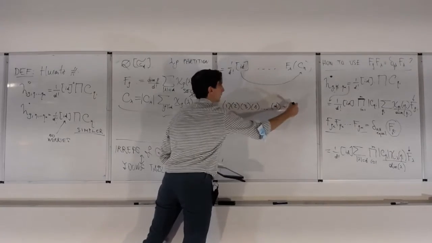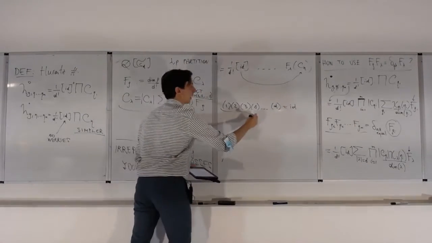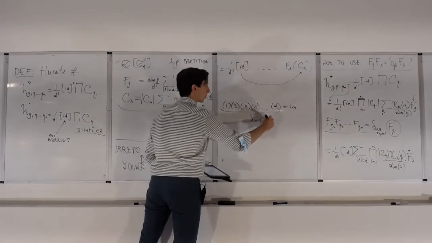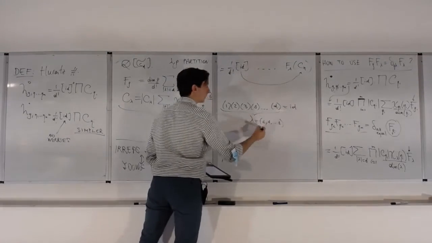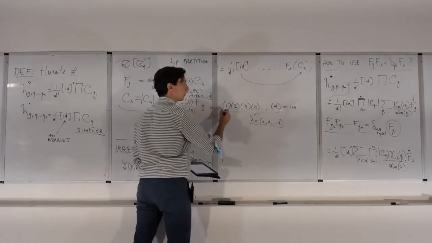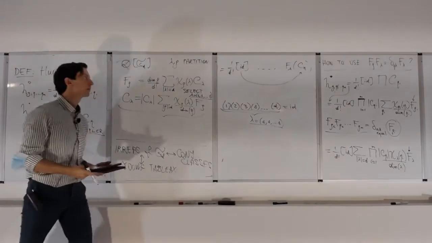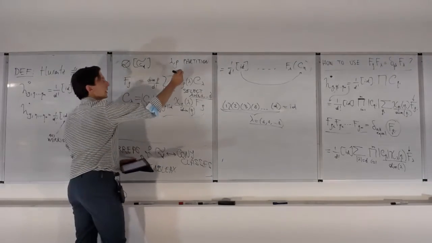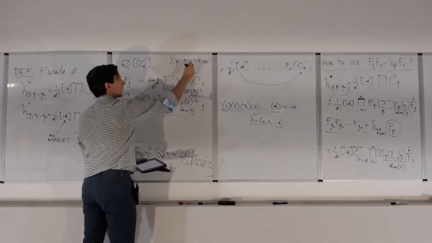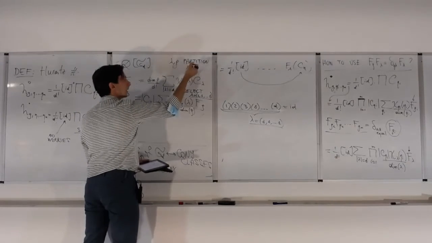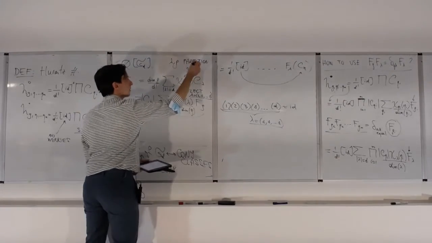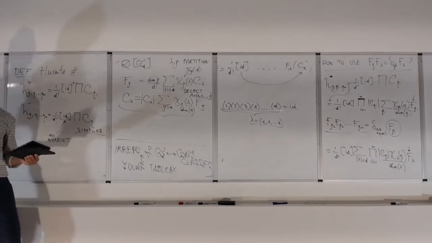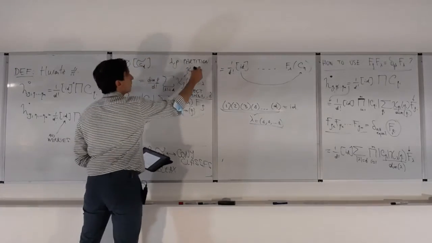That's the identity. So this is my lambda, and so lambda should be 1, 1, 1, 1, 1. This is the partition that is underlying the permutation. So out of here, you will get the character evaluated in the identity. But we know what that is. That is just the dimension of the representation. So this is just a dimension.